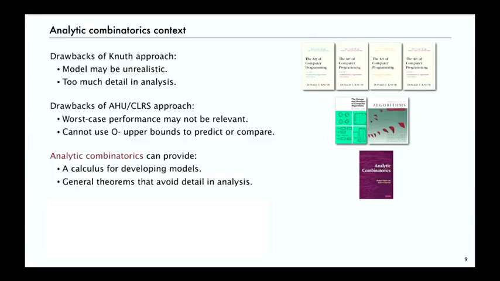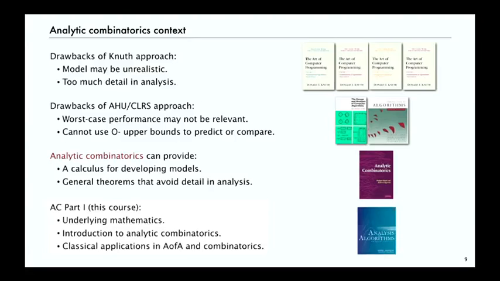What analytic combinatorics can provide is, number one, by the end of part 2, you'll see calculus for developing models that can help us use more complicated models to help understand algorithm performance, and also can provide general theorems that allow us to avoid too much detail in the analysis.